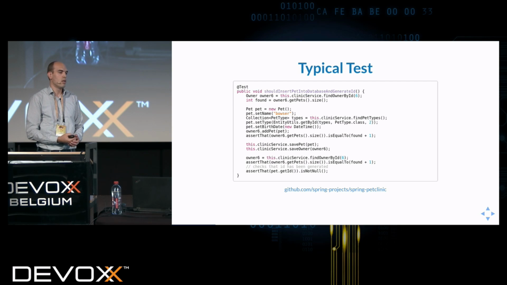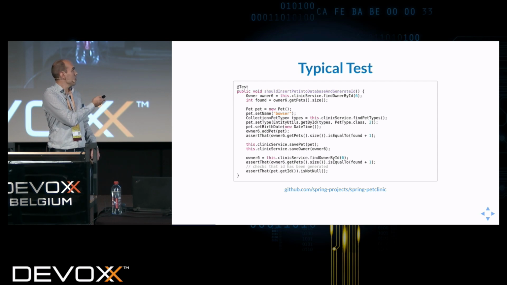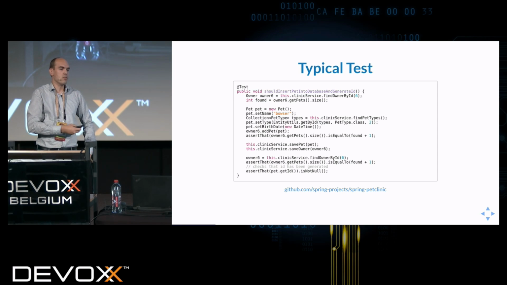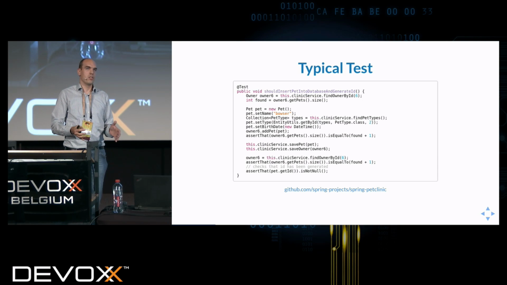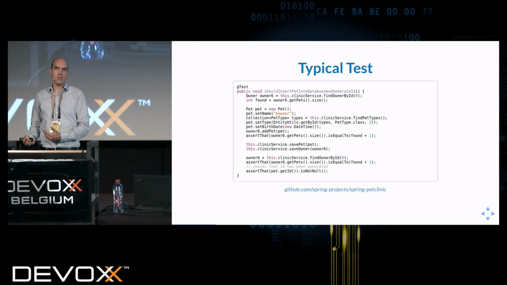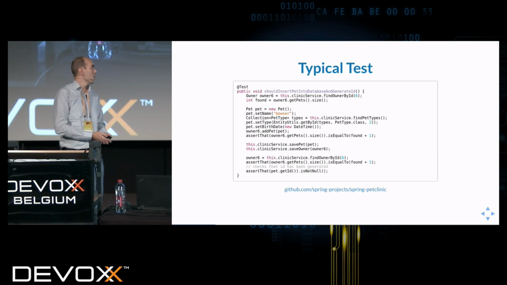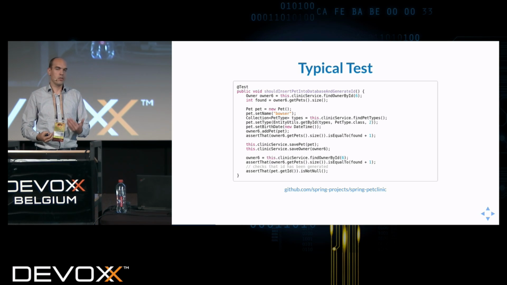That really doesn't matter. Still, maybe the pet has to have a name because otherwise it could not be stored, so we have to somehow put something there. Another thing is that there are a lot of technical details like collection types or entity utils and so on. These are technically necessary for the test, but to understand the purpose of the test, it's actually noise. And it makes it a bit more difficult to understand the test.